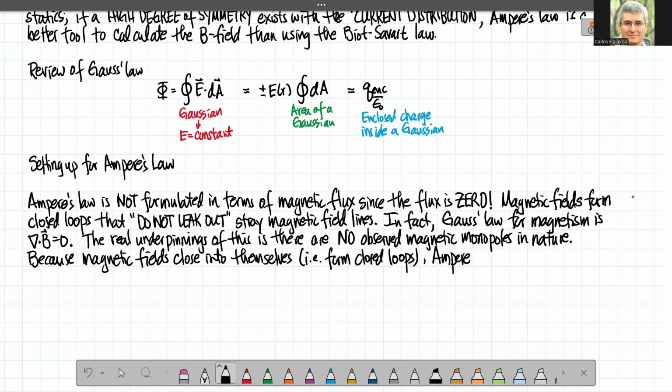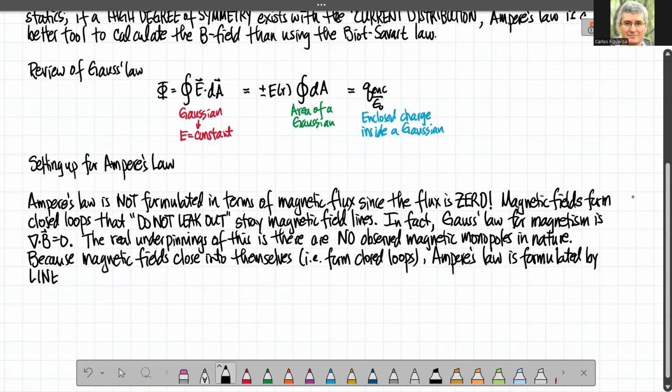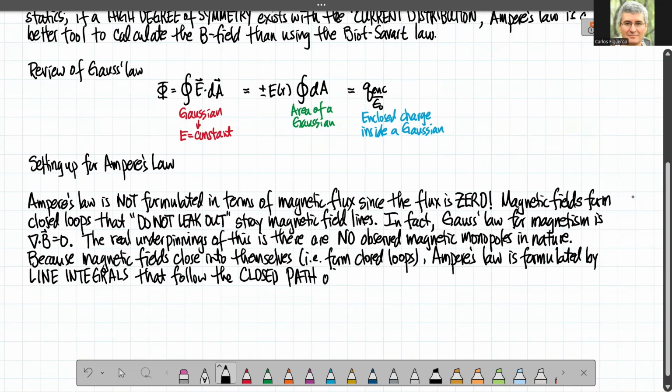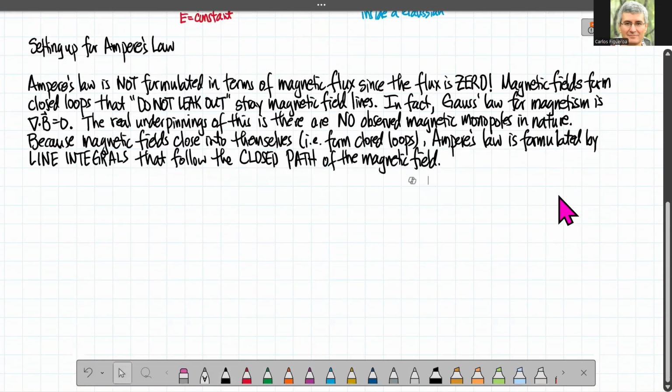Ampere's law is formulated by line integrals, not flux, that follow the closed path of the magnetic field.